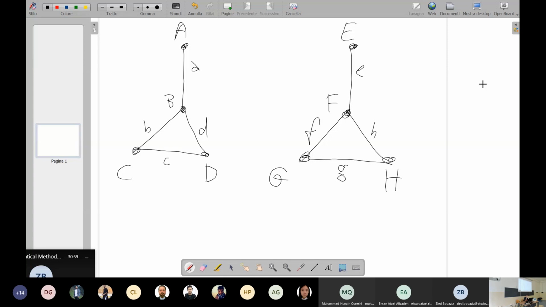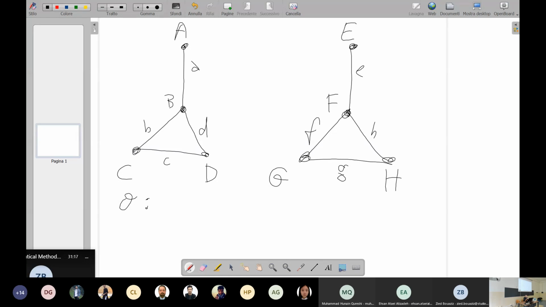Okay, so I need theta from vertices to vertices, and theta sends one possible such isomorphism.